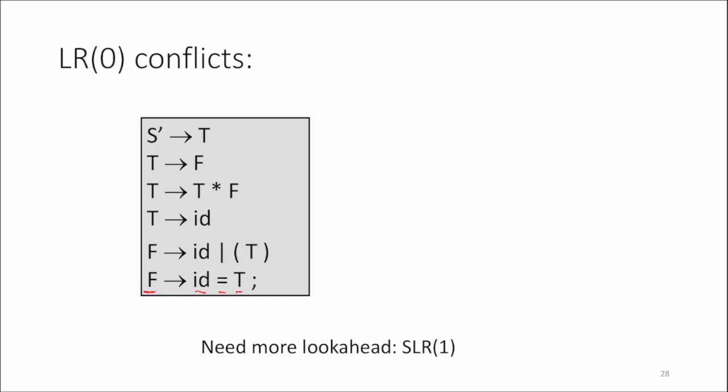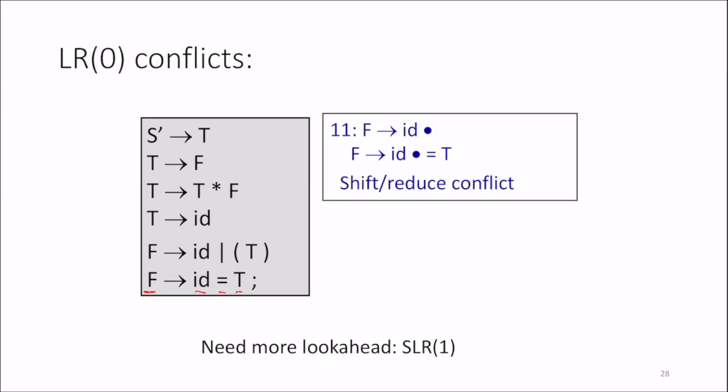Something that you should do is compute the closure from the start state and then compute the successor function on each of those states and compute this big finite state machine for this grammar. When you do that, you'll see that you'll end up with a shift-reduce conflict in one of the states. I can reduce using this rule, or I can shift on an equals. So that's an example of a shift-reduce conflict.